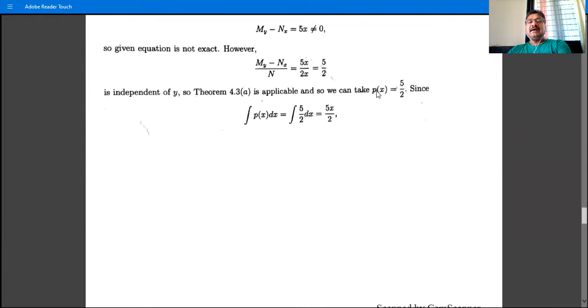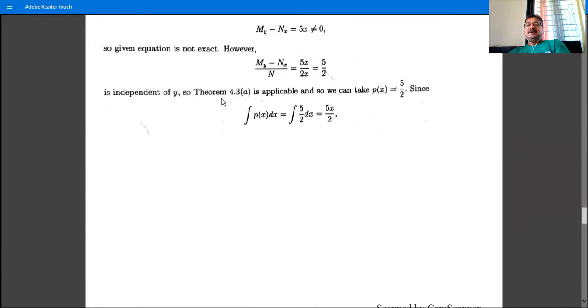So if the ratio (M_y minus N_x) divided by N is a function of x alone, we denote it by f(x), and if the ratio (N_x minus M_y) divided by M is a function of y alone, we denote it by f(y). So in this case, we denote this by f(x).